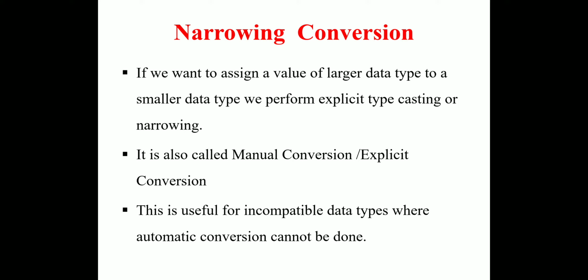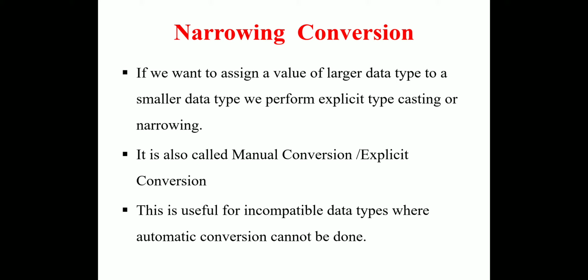Now we have to discuss narrowing conversion. If we want to assign a value of a larger data type to a smaller data type, we perform explicit typecasting or narrowing conversion. We are going to convert a large data type to a smaller data type.